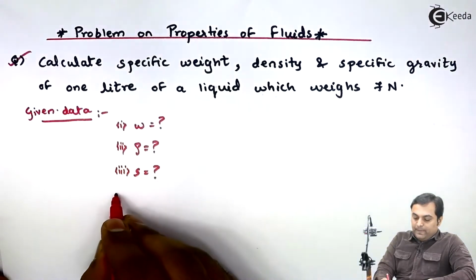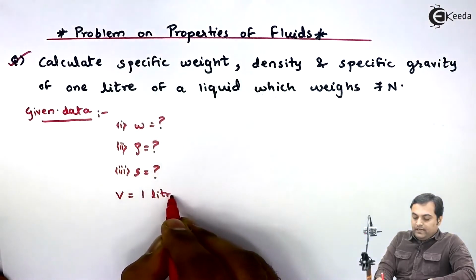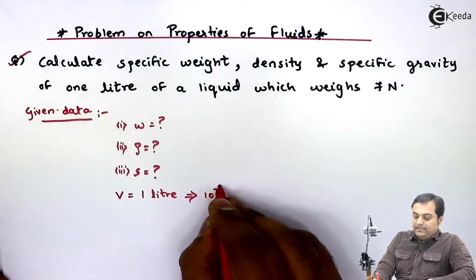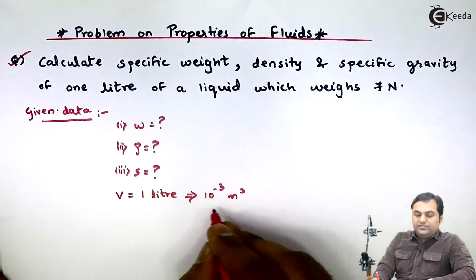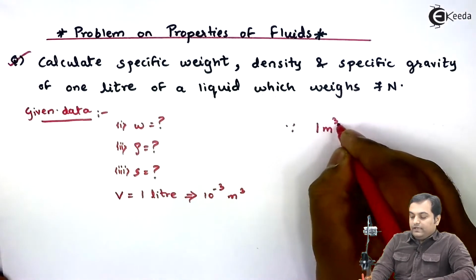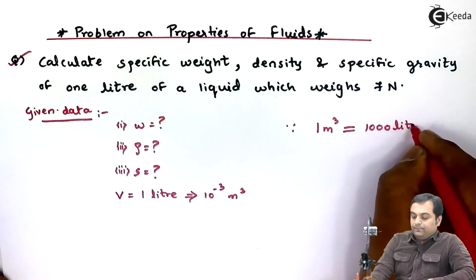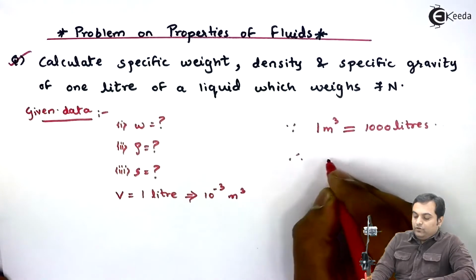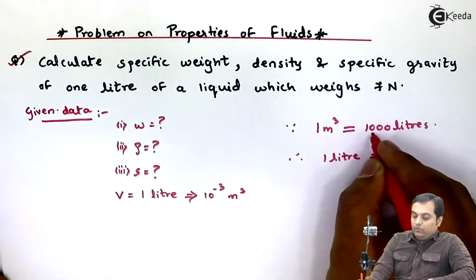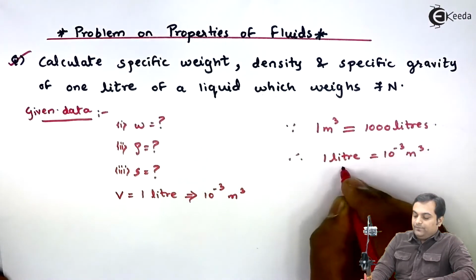So here we have V is equal to 1 liter, and 1 liter is equal to 10 raised to minus 3 meter cube. How did this relation come? Since 1 meter cube can contain 1000 liters of water, therefore 1 liter is 1 divided by 1000, so 10 raised to minus 3 meter cube.